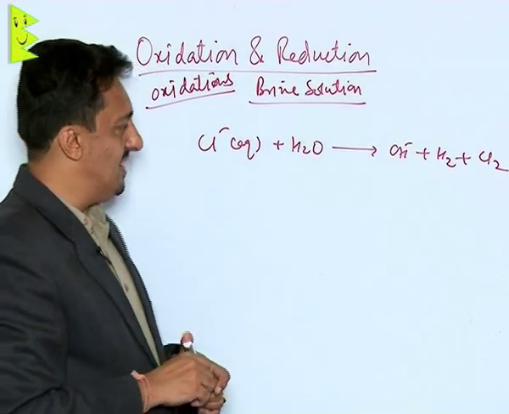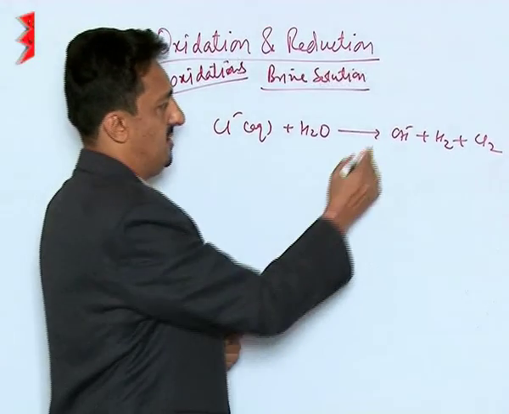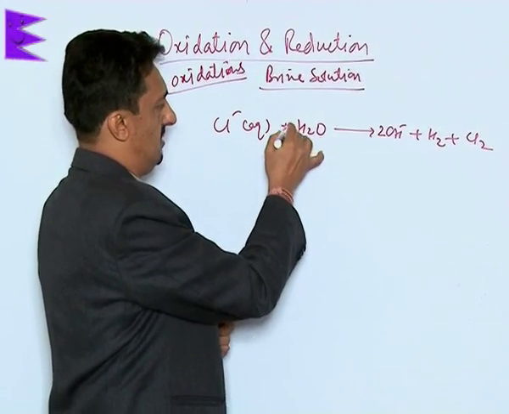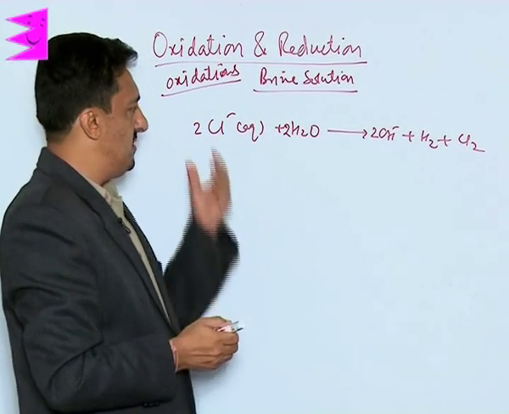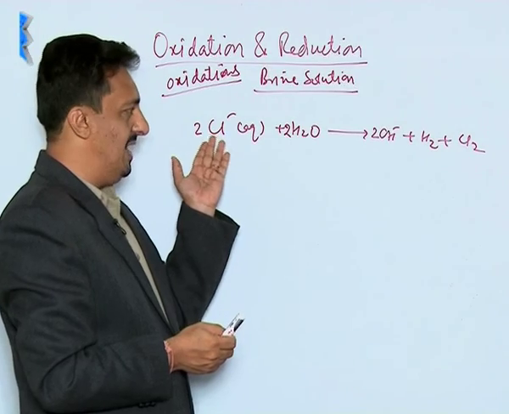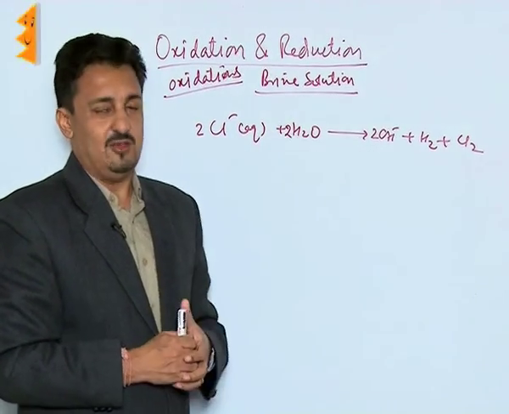If you make it twice, it can be balanced. In this reaction, the chloride ion is oxidized to chlorine, and the water is getting reduced to give hydrogen gas.